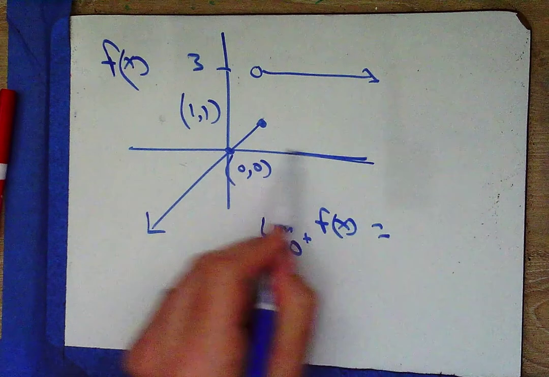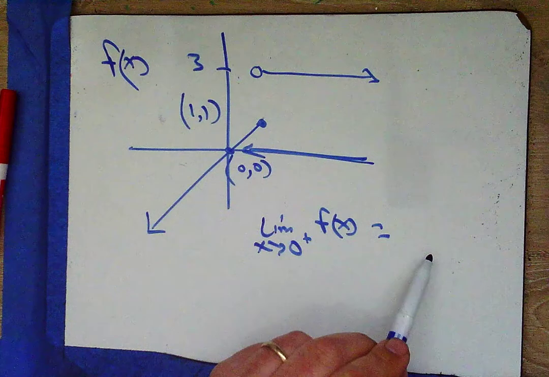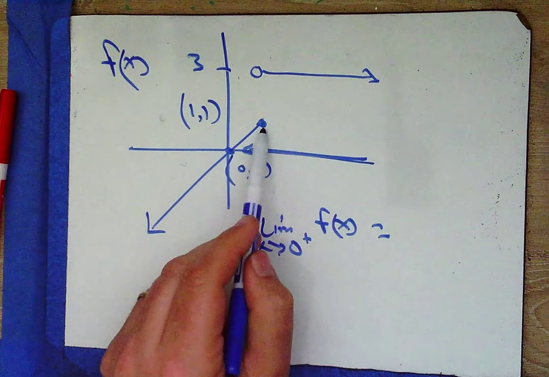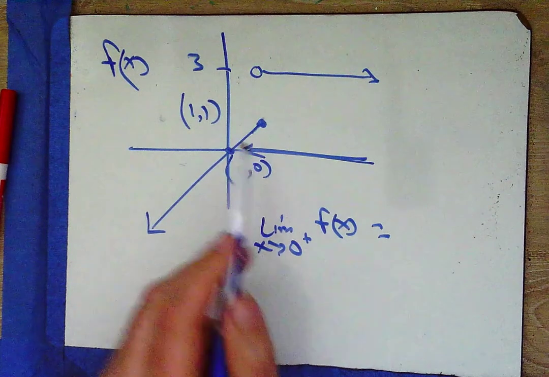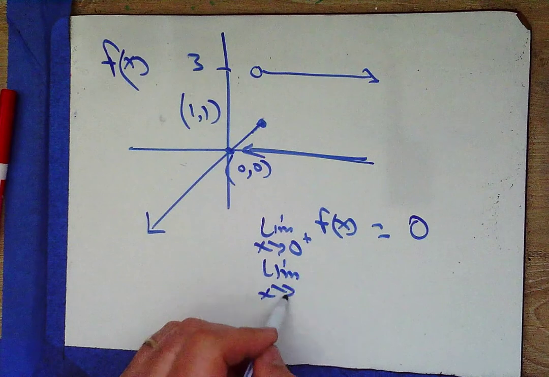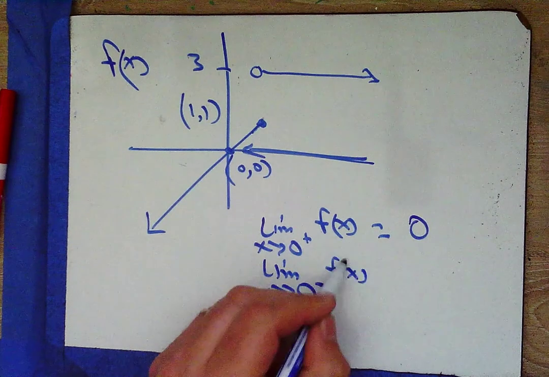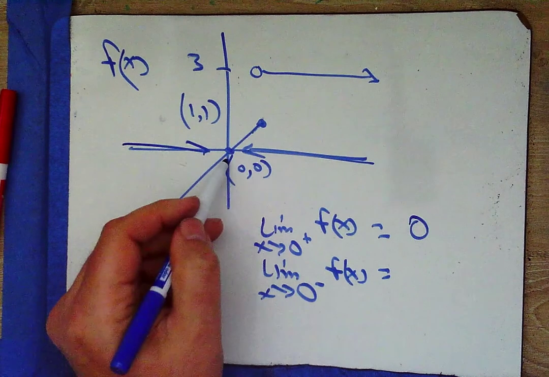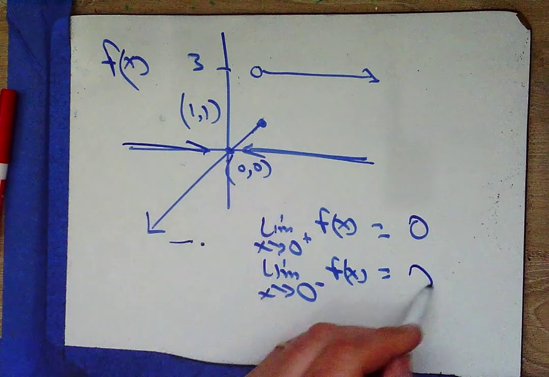Well, as x's get closer and closer to 0, yeah, I know I'm up here, but then I jump down here. What y value am I approaching? I'm approaching 0. What about the limit as x approaches 0 from the negative side of the function? Well, now I'm coming in from this direction, and I seem to be approaching a y value here.